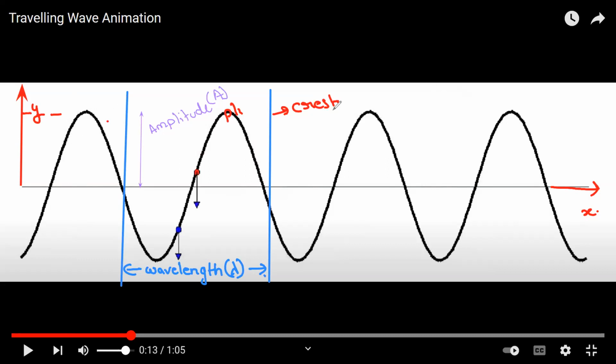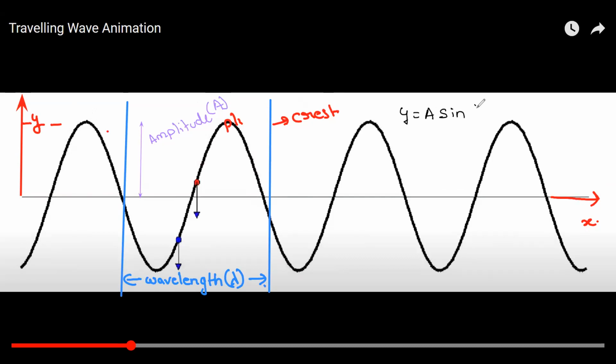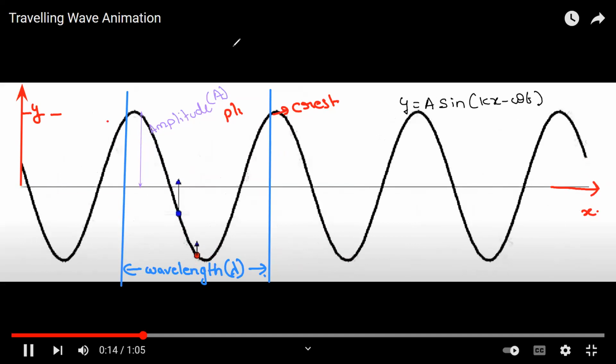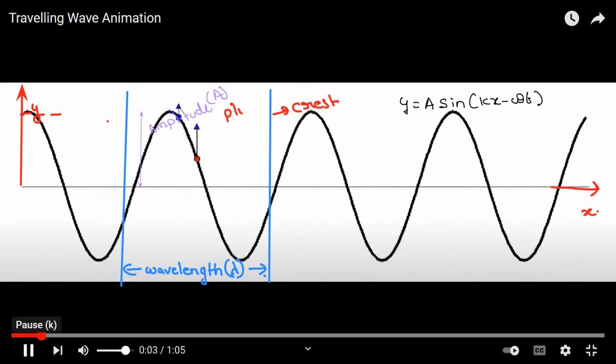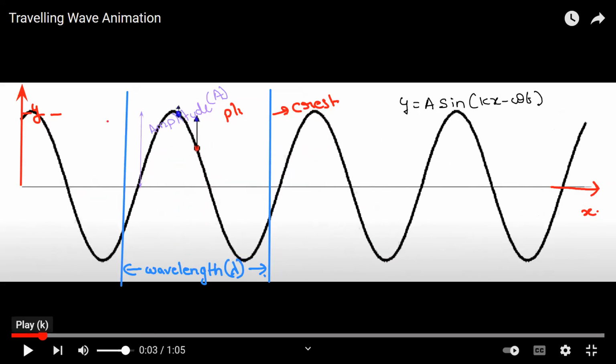So we write the equation of this wave as y is equal to a sine kx minus omega t. Is it clear?